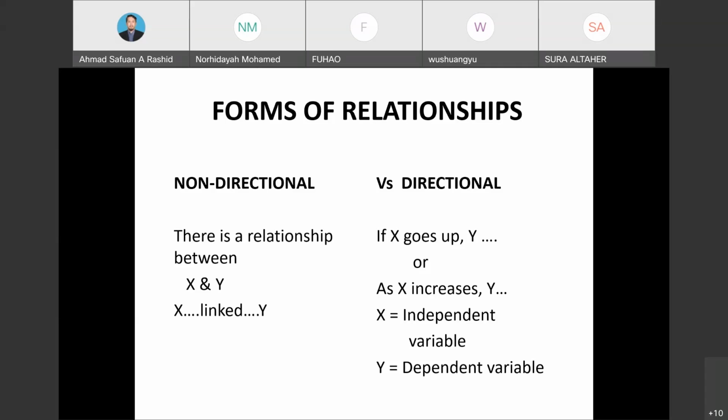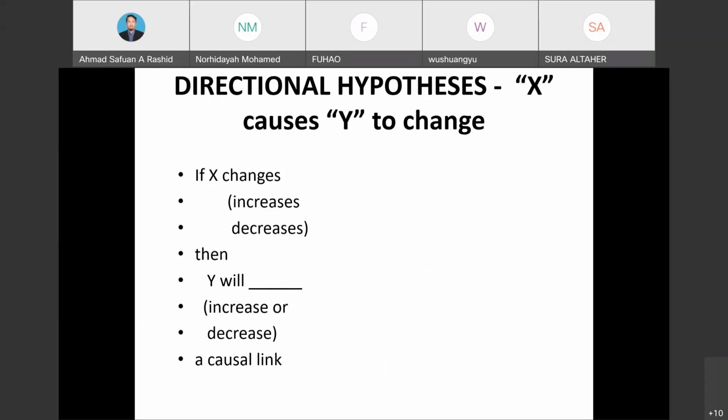In that case, we have independent and dependent variables. So for the non-directional, X and Y are close together, while for directional, it depends which one is independent and which one is dependent. So a directional hypothesis causes Y to change: if X increases or decreases, then Y increases or decreases as a causal link.